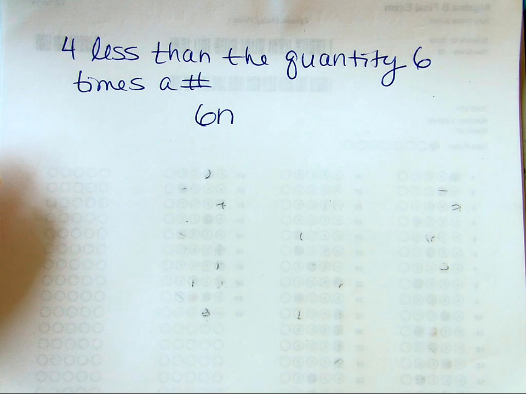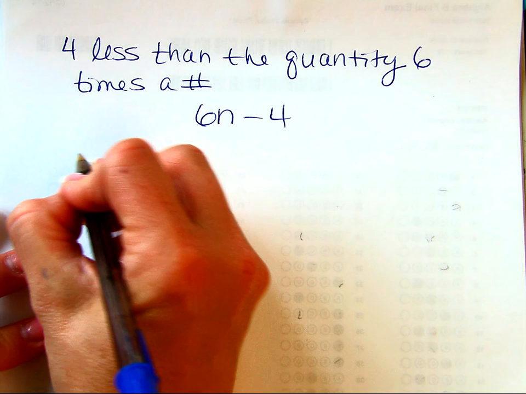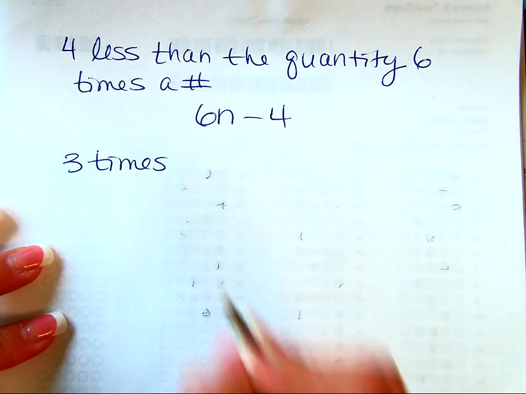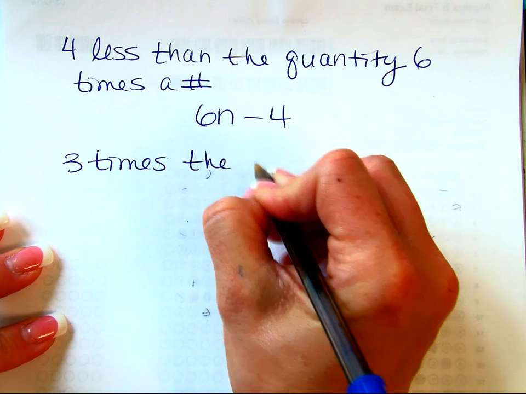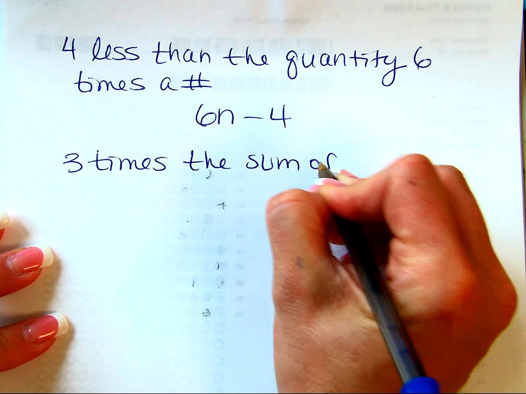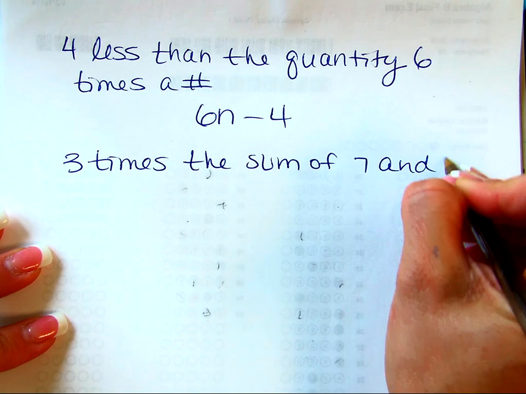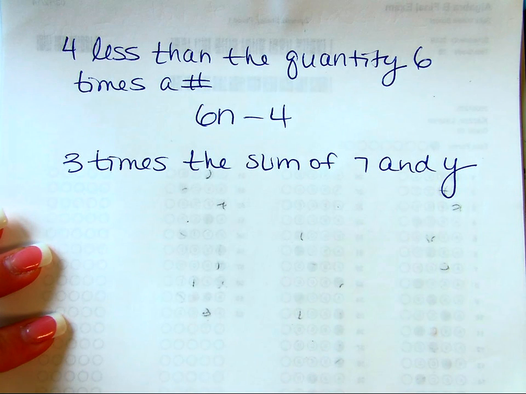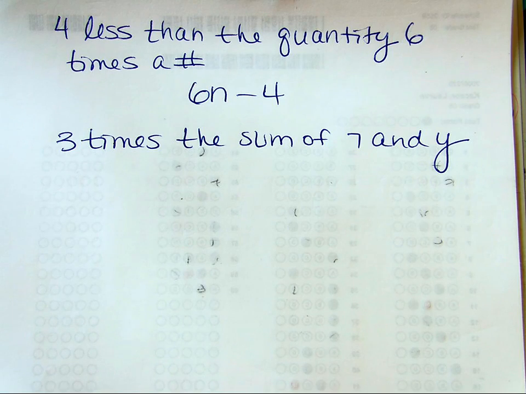Good. Okay. How about 3 times the sum of 7 and a number y? So 3 times a sum. So what's the sum of 7 and y?